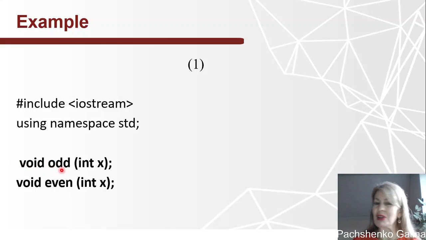It changes something inside or prints something inside. And the second prototype is for the second function, whose name is even. It has only one parameter x, the type of the parameter is int, and this function doesn't return any value, so it's void.